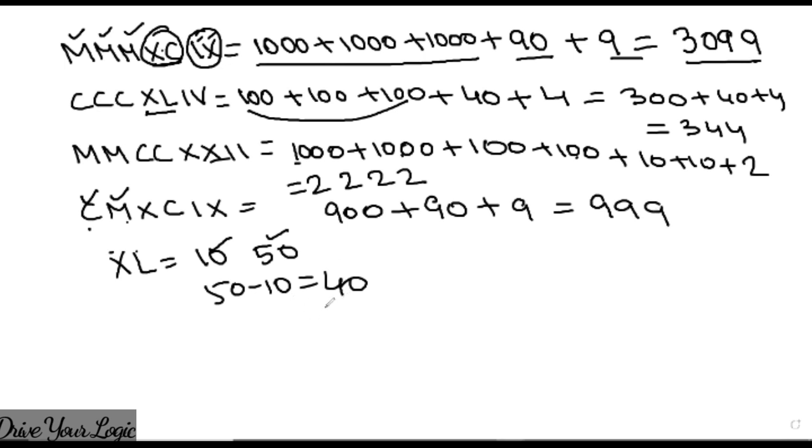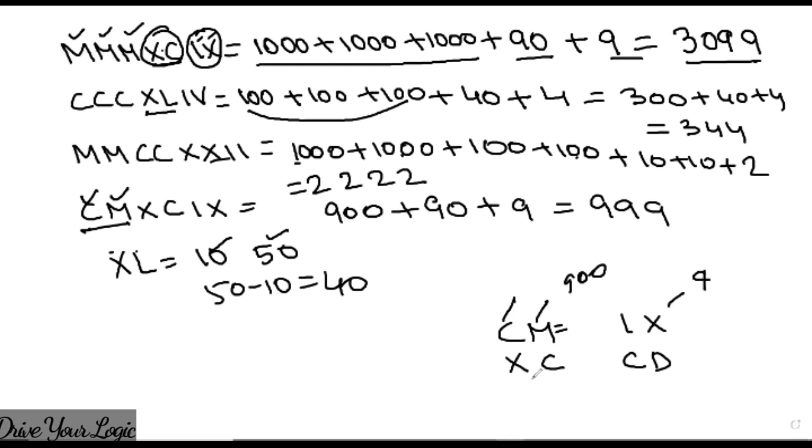Clear? So in this way, you need to expand and do the sums. But the thing is the smaller and larger part. CM, XC, IX, okay? CD, all these things you have to remember. 1000 minus 100, that is 900. 10 minus 1, that is 9.